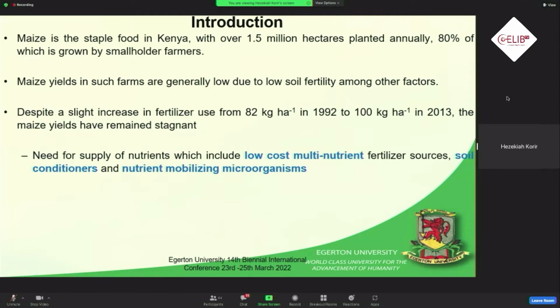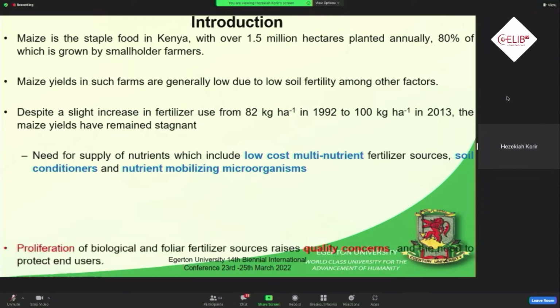And so what we need to do is put in more nutrients in the soil, and these nutrients must be those that are cheap or low cost nutrient fertilizer, and also have some soil conditioners in them, and also those that are able to boost the microorganisms that can mobilize these nutrients.